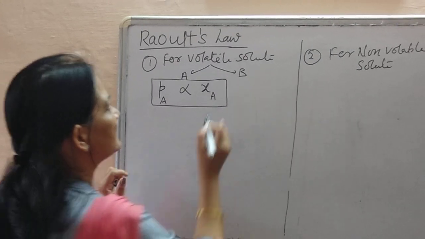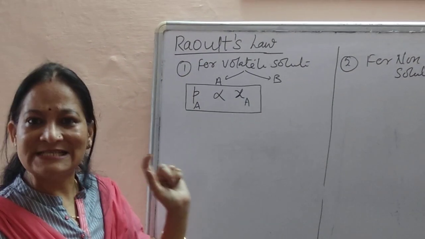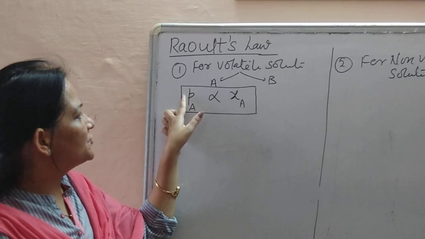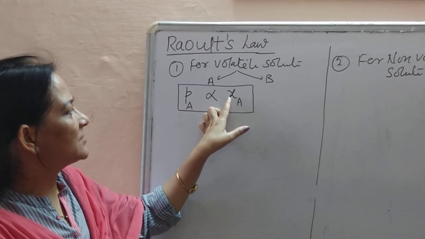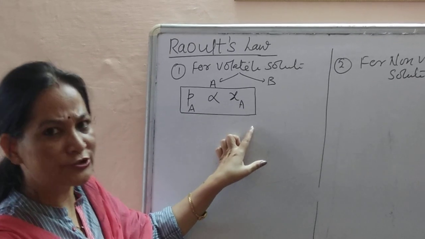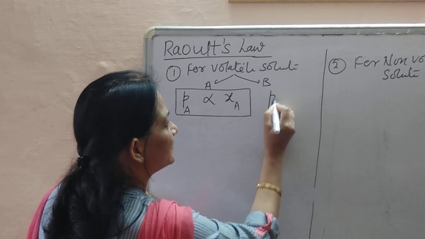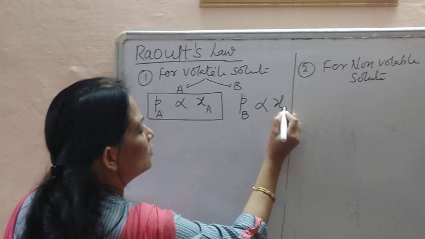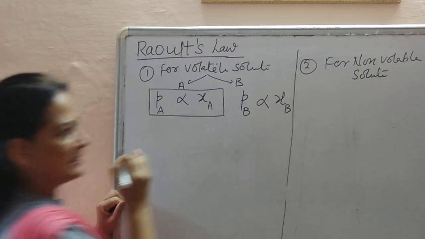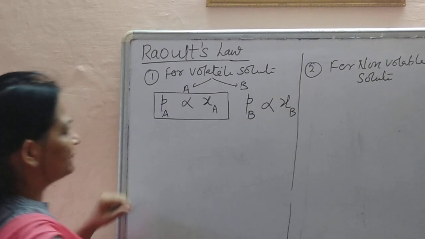So I think it is clear that Raoult's law for volatile solute says that the vapor pressure of each component is directly proportional to the mole fraction of that component in the solution. Similarly, we can write PB, that is the vapor pressure of component B, is directly proportional to the mole fraction of component B. Now, when we remove this proportionality sign, we have to put in one constant.